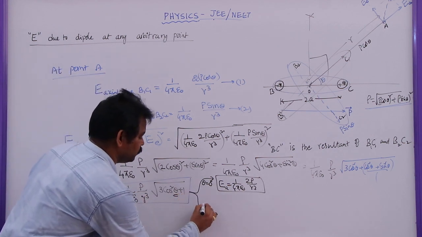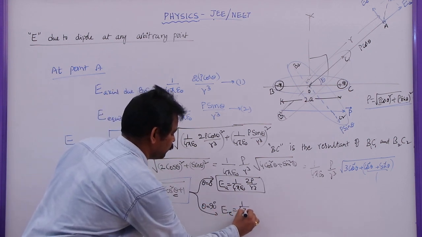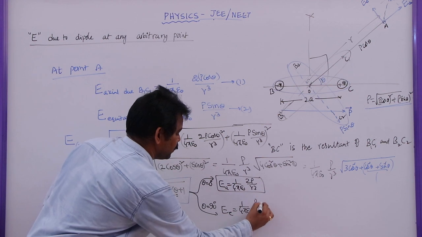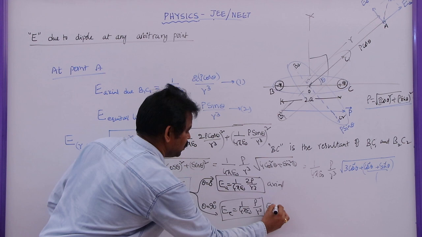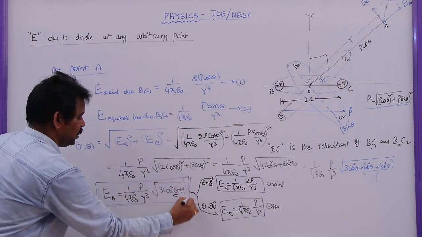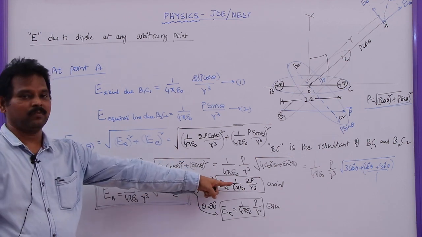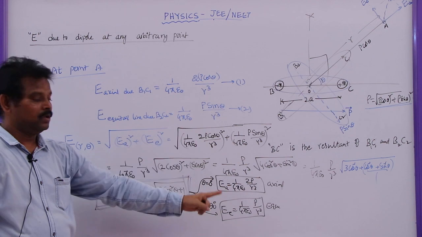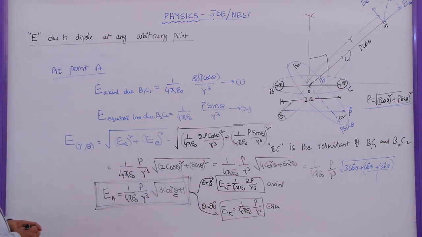If theta is equal to 90, then E equatorial is equal to 1 by 4 pi epsilon naught p by r cube. This is the axial line equation, and this is the equatorial equation. So based on this, we can show that the electric field on the axial line is 2p by r cube of k, and the electric field on the equatorial line is p by r cube into k, where k is the Coulomb's constant.